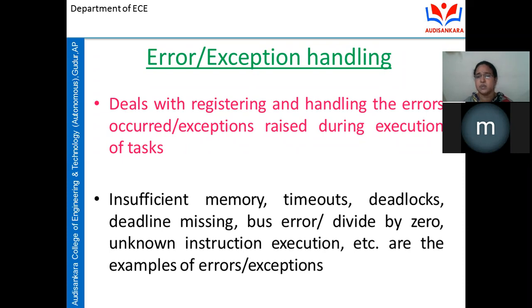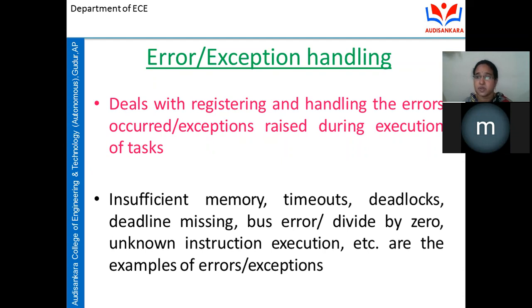Otherwise, it times out. That is also raised as an exception. Another is deadlocks. What do you mean by deadlock? Did you hear about deadlocks anyway? Did you discuss these deadlocks? I'll tell you. Deadlock is this: if multiple processes are running, maybe multiple processes require the same resource, right?